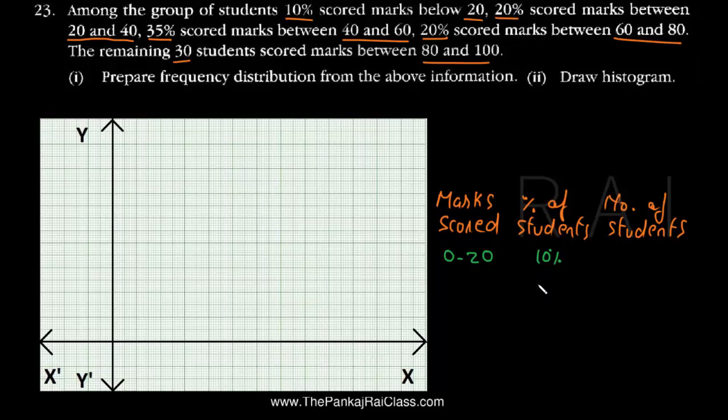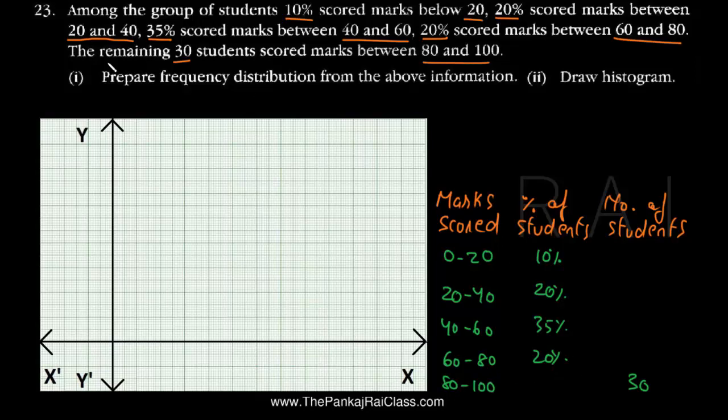Next, 20% have scored marks between 20 to 40, so 20 to 40. Next, 35% have scored marks between 40 and 60, so that is 40 to 60, and 20% have scored marks between 60 to 80. And then the last statement is saying that the remaining 30 students have scored from 80 to 100.